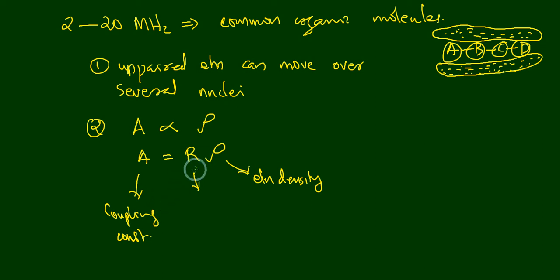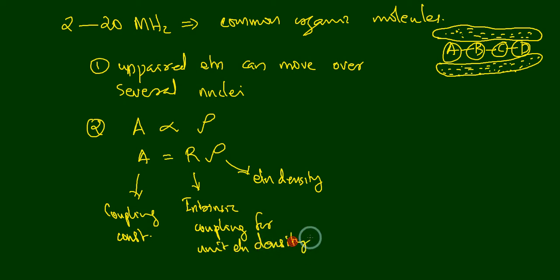So we can call R the intrinsic coupling for unit electron density.